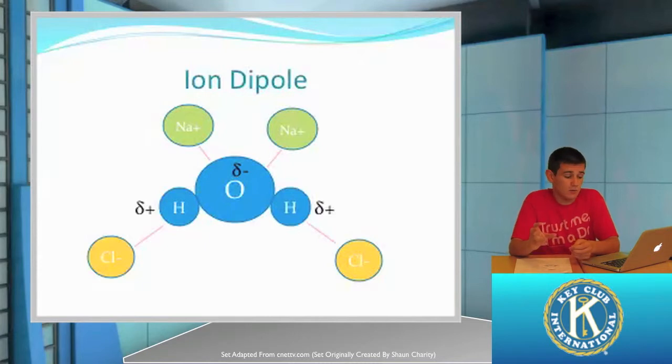Likewise, the negative chloride anions are attracted to the partial positive hydrogens. And as you can see, forces of attraction arise. Now, these are stronger than dipole-dipole, but you have to keep in mind that this only occurs in certain scenarios where ions and dipoles are present.